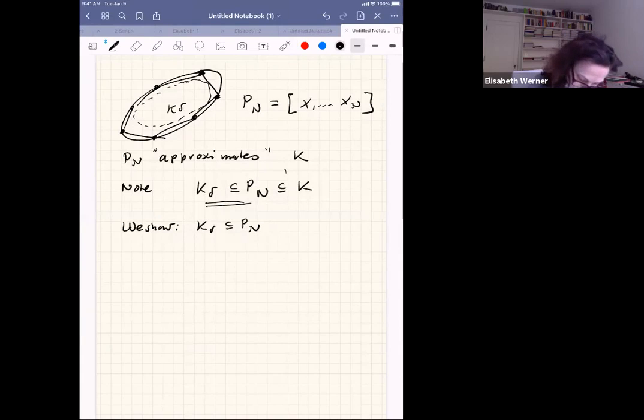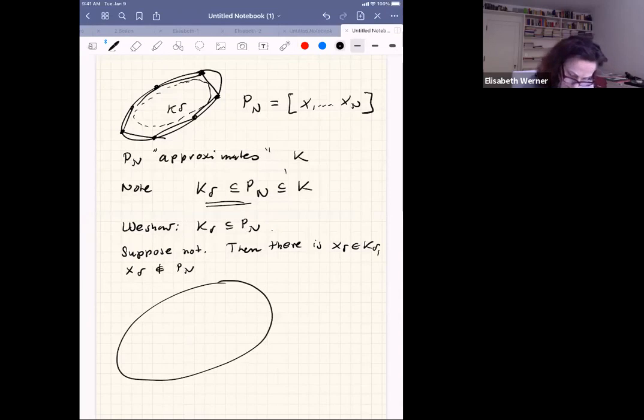Suppose not. Then there is an x delta, say, in K delta, such that x delta is not in Pn. The picture is like so.